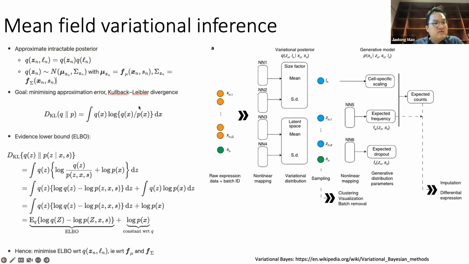So variational inference means instead of calculating the exact posterior distribution, we use an approximation. And this approximation is called variational inference. So we use a simpler distribution, here written as q(Zn, Ln).